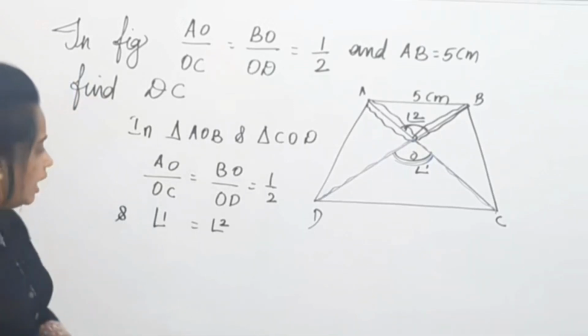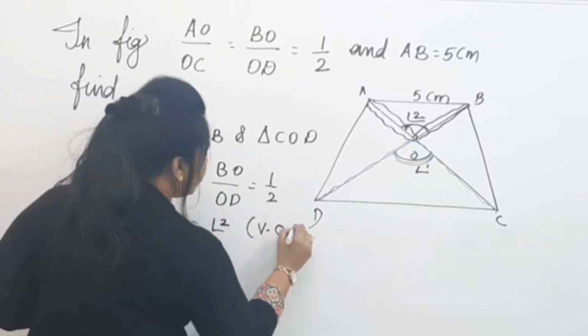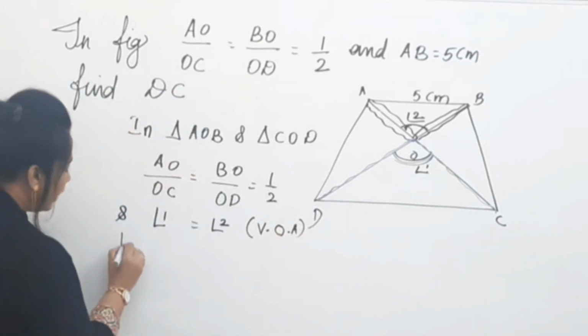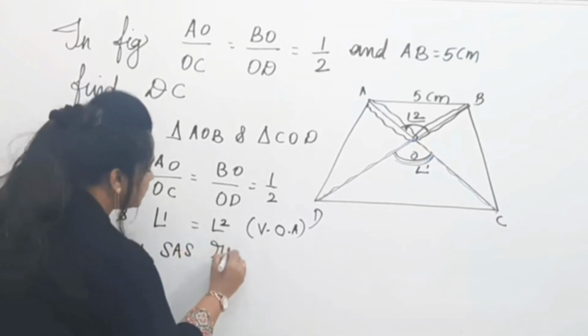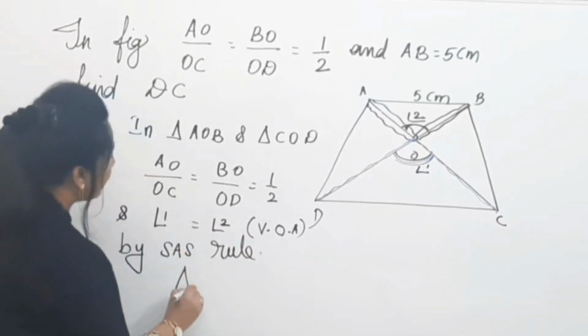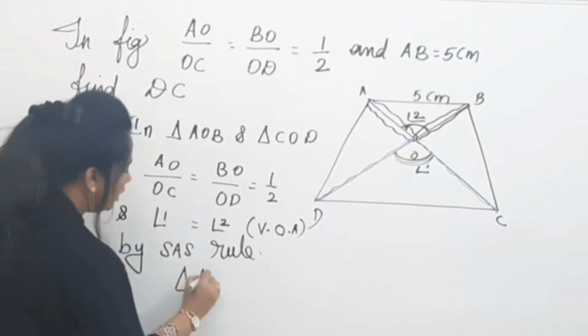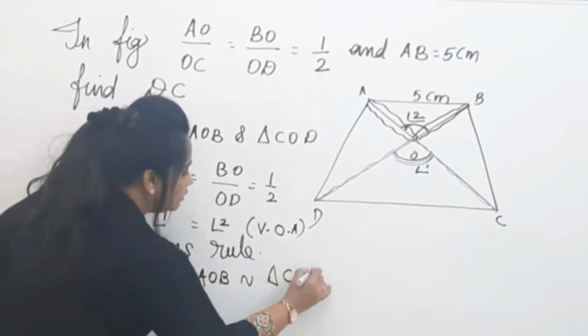So I would write angle 1 is equal to angle 2, which are vertically opposite angles. So I write by SAS criteria or by rule, I can say triangle AOB is similar to triangle COD.